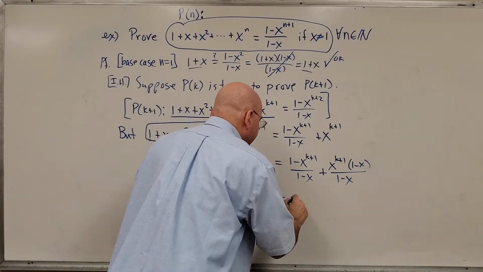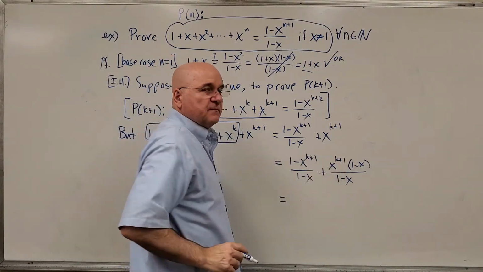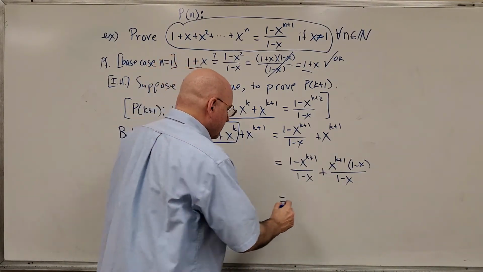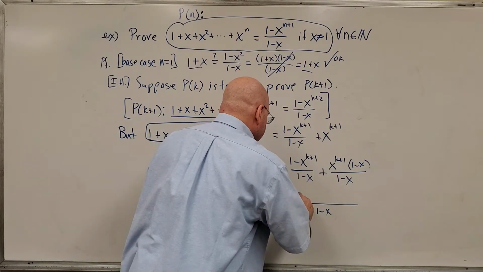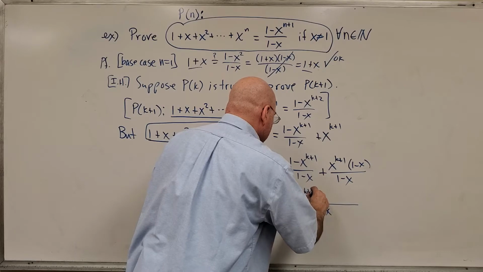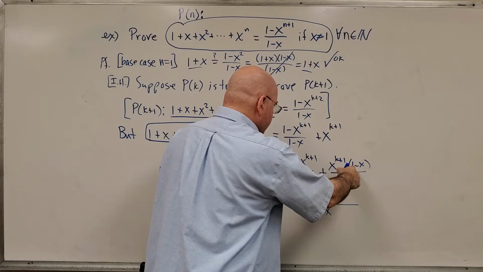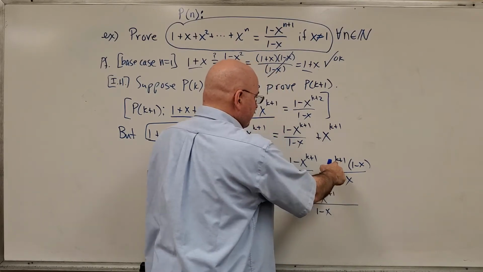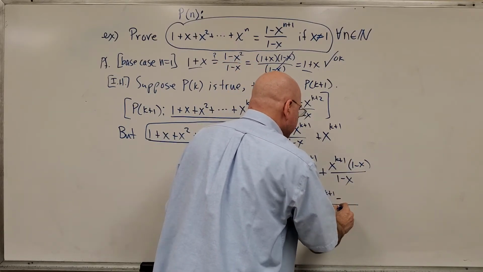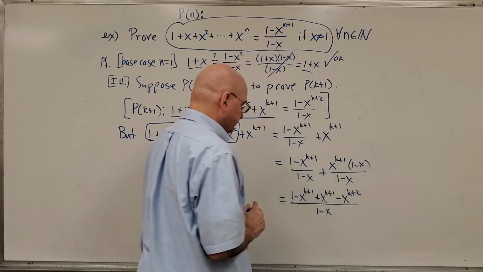I'll write it as one fraction, and I'm going to distribute this through also in the next step. So I know the bottom is going to be 1 minus x. I've got 1 minus x to the k plus 1. This times 1 gives me plus x to the k plus 1. This times the negative x gives me minus x to the k plus 2.